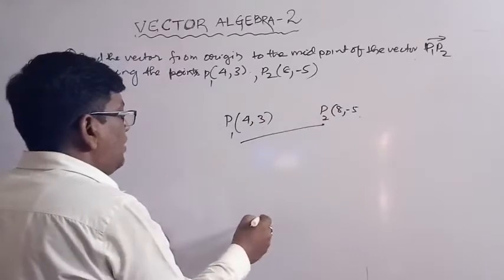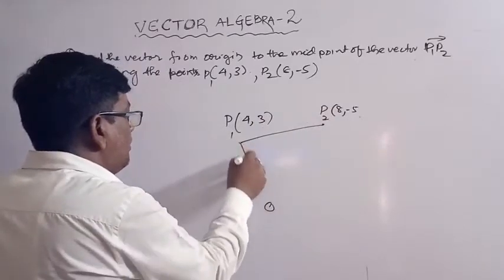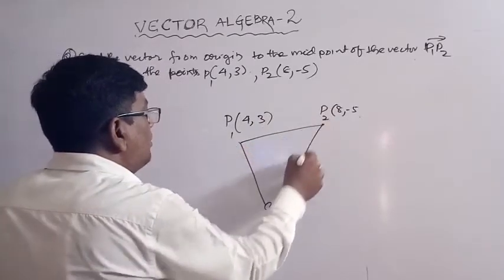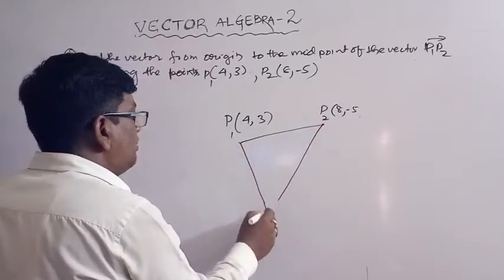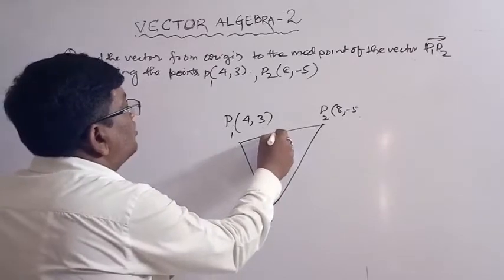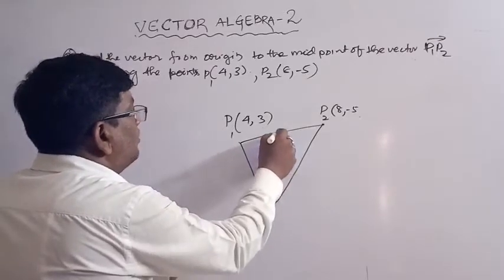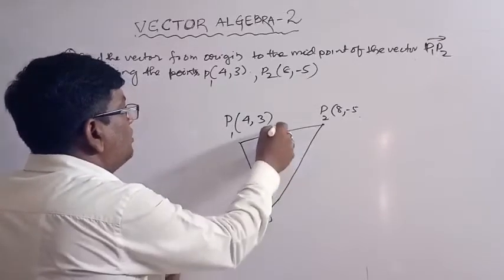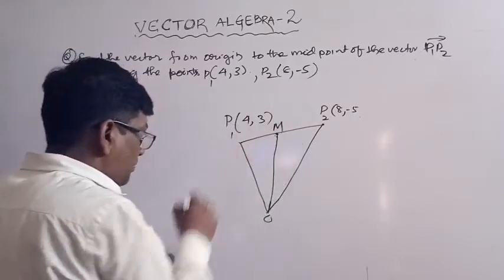And this is the origin. Now find the midpoint from the origin. Suppose this is capital M.